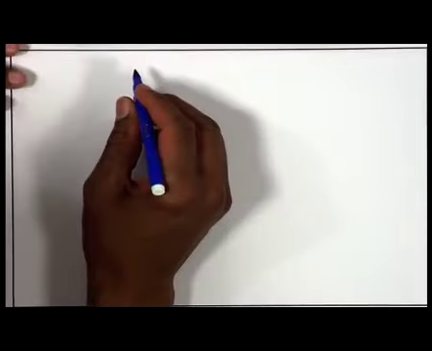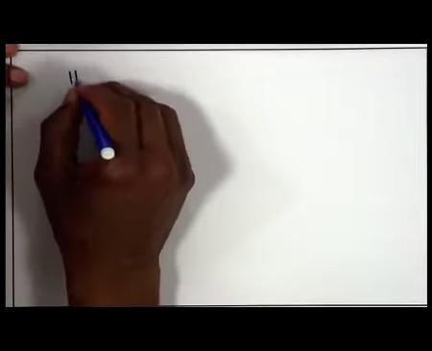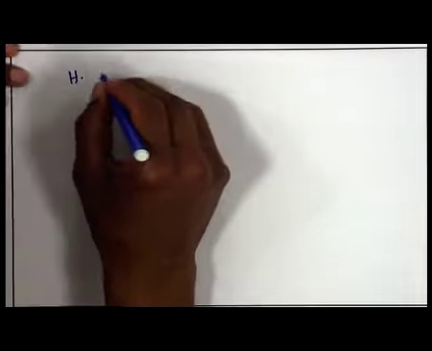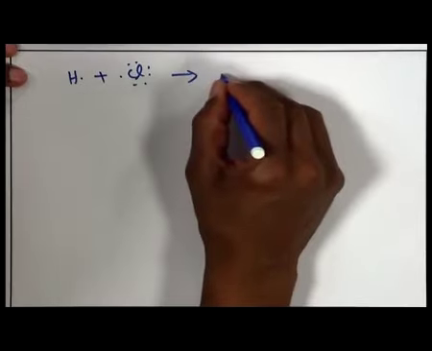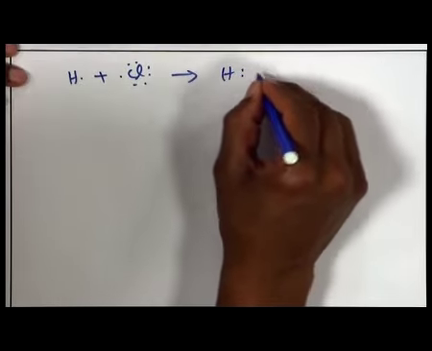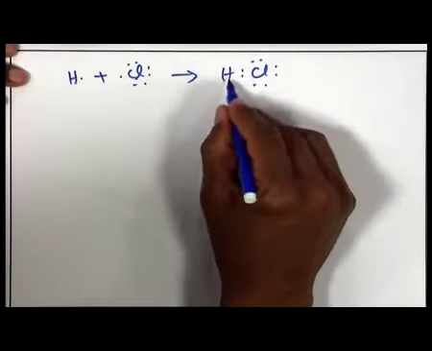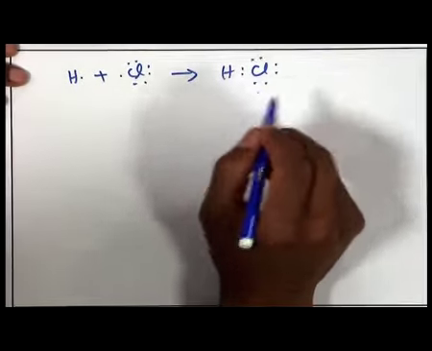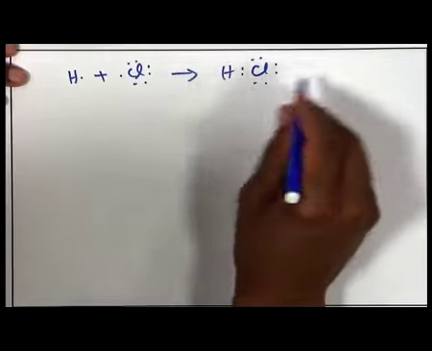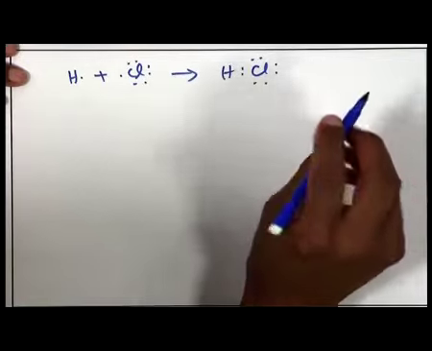For example, a hydrogen atom has one electron, combining with chlorine, which has one unpaired electron it can give. So, hydrogen and Cl like that. A pair of electrons is between the hydrogen atom and chlorine atom. A single bond is formed, that is called a covalent bond or sigma bond.